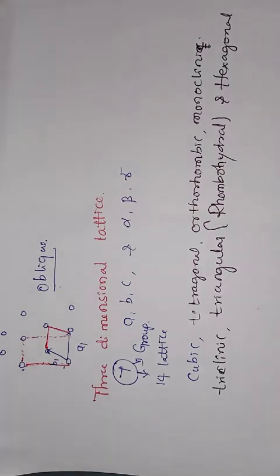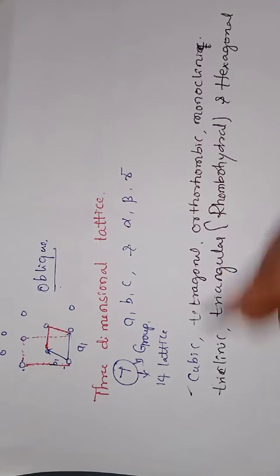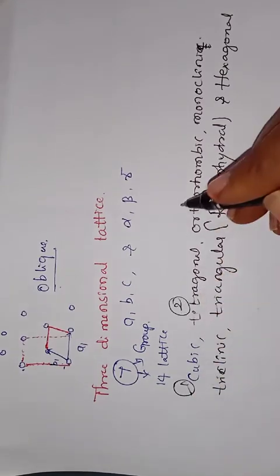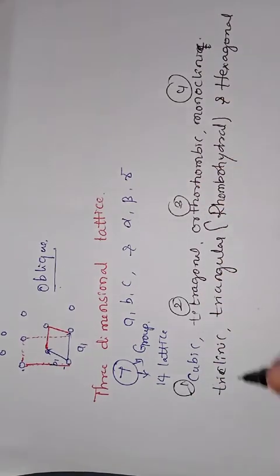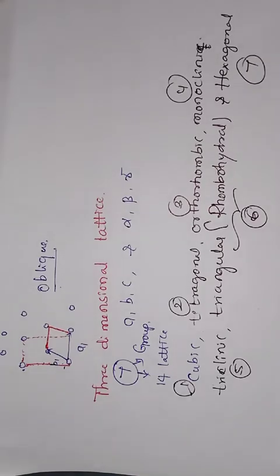These are the 7 types of crystal system: cubic, tetragonal, orthorhombic, monoclinic, triclinic, rhombohedral, and the seventh is hexagonal.